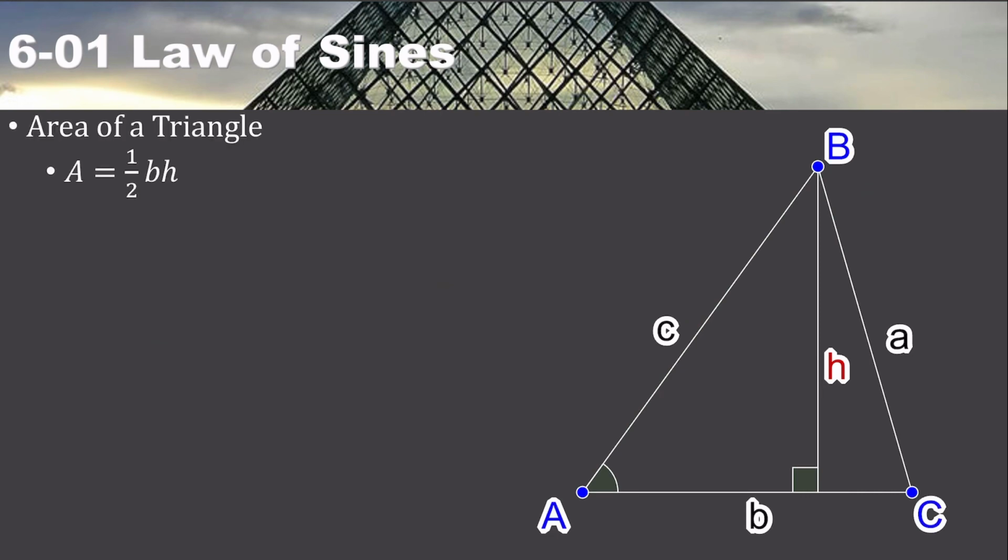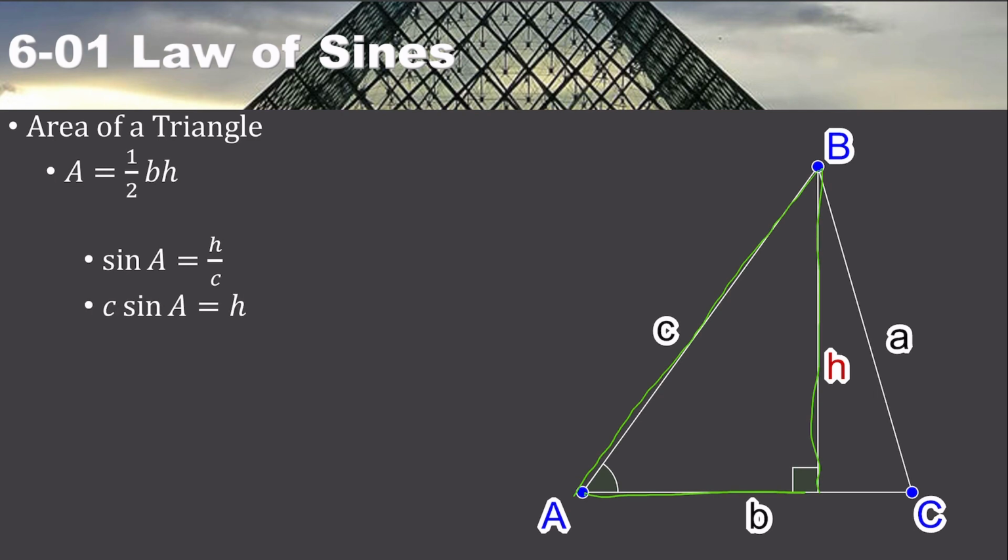Area of a triangle. Area of a triangle is 1/2 base times height. However, if I use the triangle on the left, this one that I've just outlined in yellow, see it's a right triangle, and sine A is opposite, h, over hypotenuse c. So sine A is h over c. So if I multiply by c, c times sine A is h.